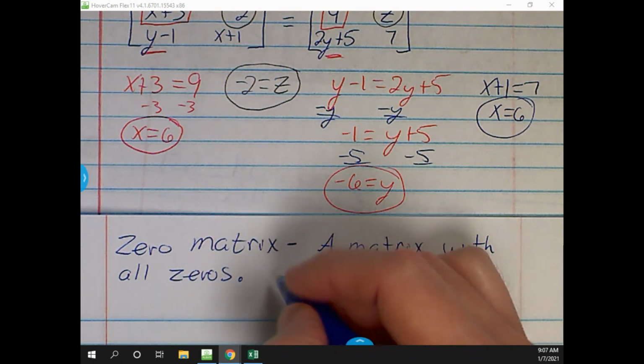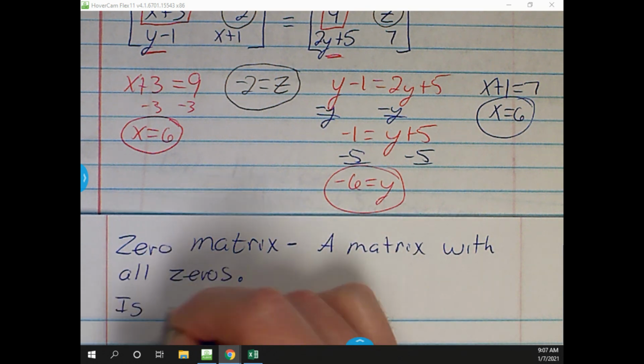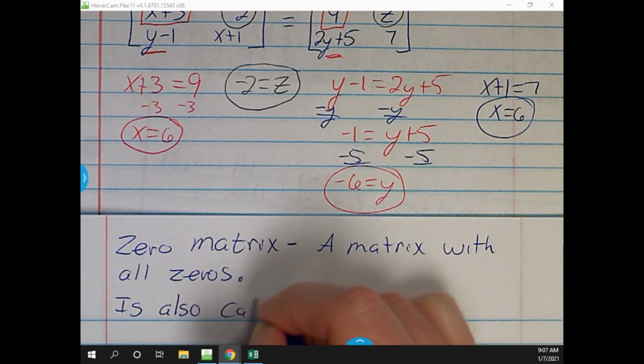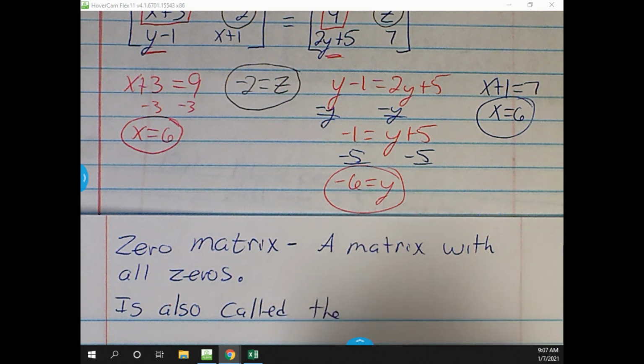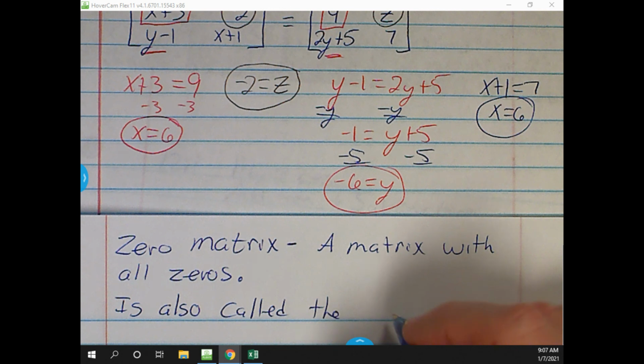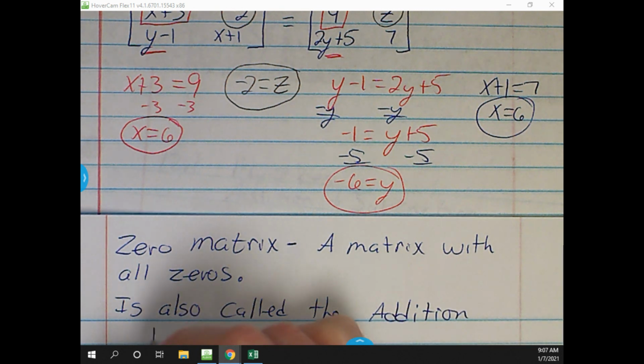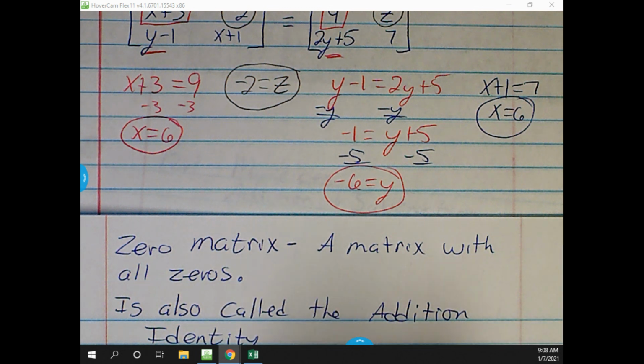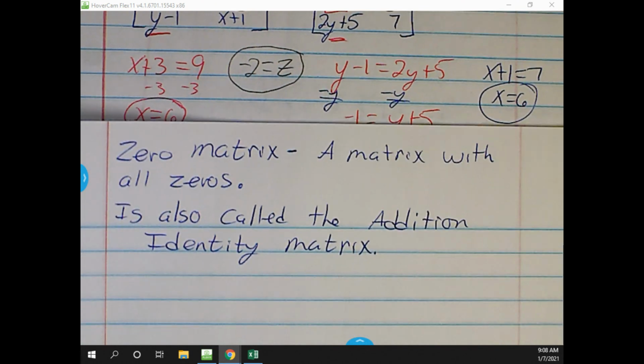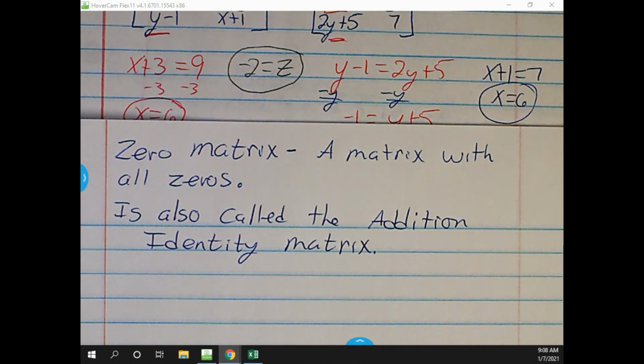Sometimes it's also called the addition identity matrix. Or they may say it's the identity matrix of addition or something like that.